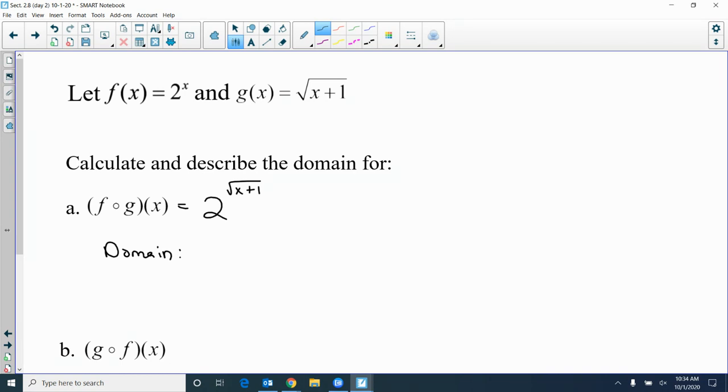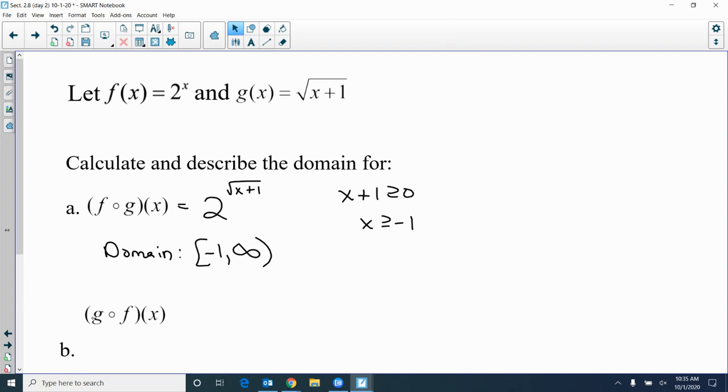Okay, and what about it? It has to be greater than what? 0. Greater than or equal to 0. So x plus 1 has to be greater than or equal to 0, which means x has to be greater than or equal to negative 1, which means my domain is negative 1 to infinity.